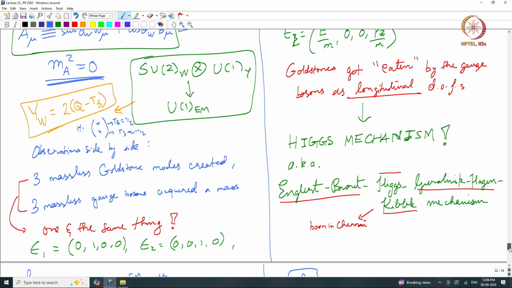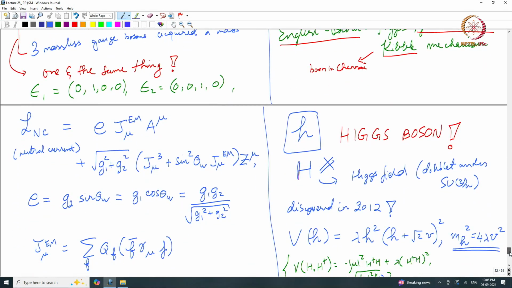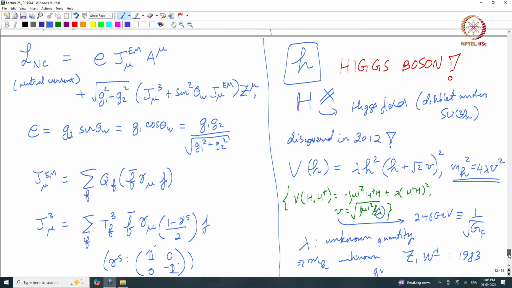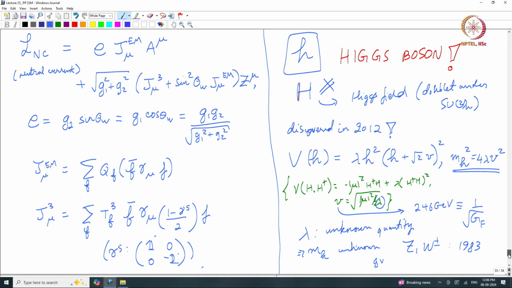The Goldstones were eaten as the longitudinal degrees of freedom. That is indeed the Higgs mechanism. And then, after symmetry breaking, we wrote down the couplings between the Z boson and the photon with the fermions. So we got QED for free just like that by breaking electroweak symmetry, but we also got the neutral currents associated with the Z boson.